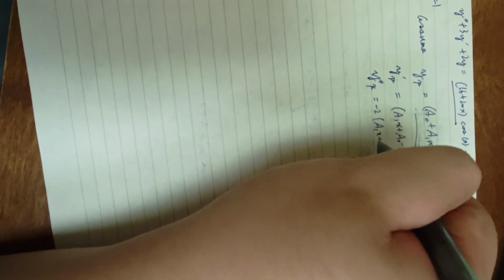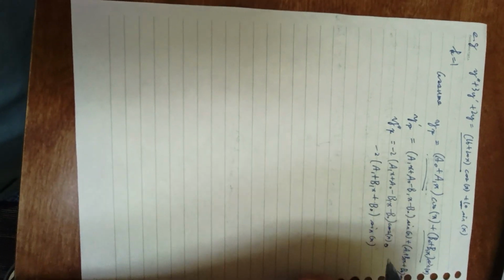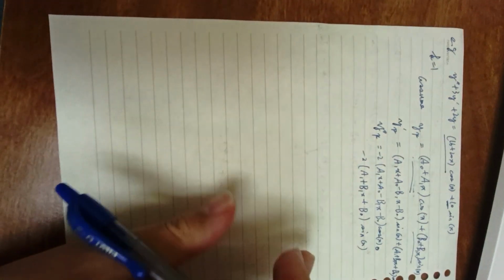The second one is negative (a1x plus a0) cosine x minus 2 (a1 plus b1x plus b0) sine x.